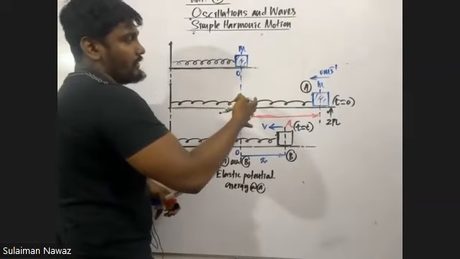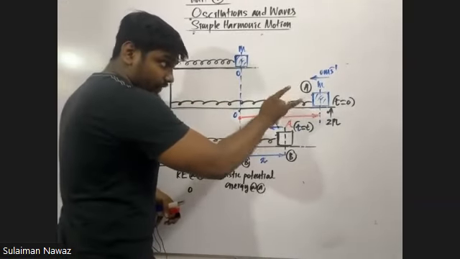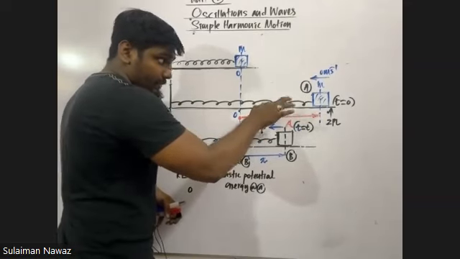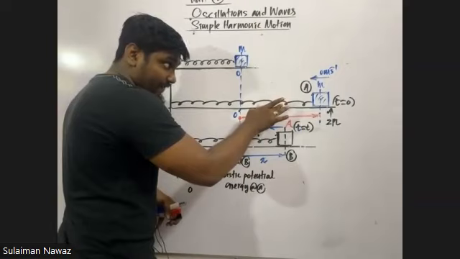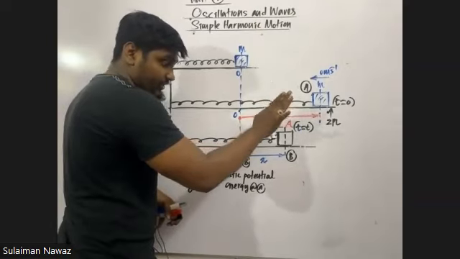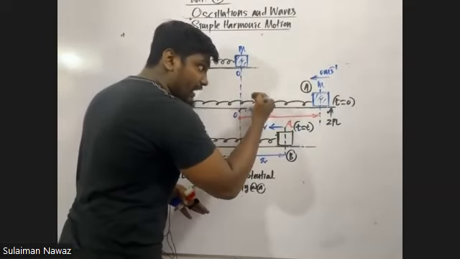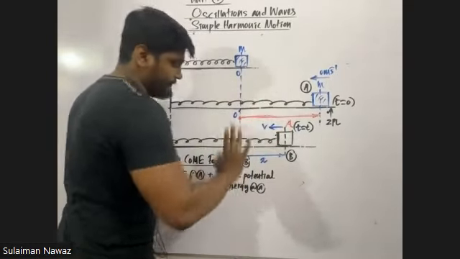There is no kinetic energy or gravitational potential energy, but the spring is stretched. Therefore the spring has elastic potential energy. So the total energy at position A is only the elastic potential energy of the spring.